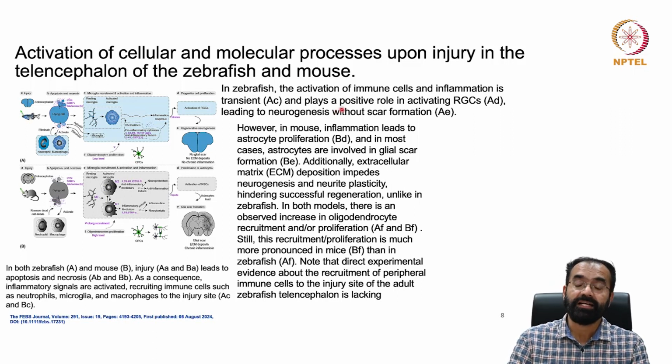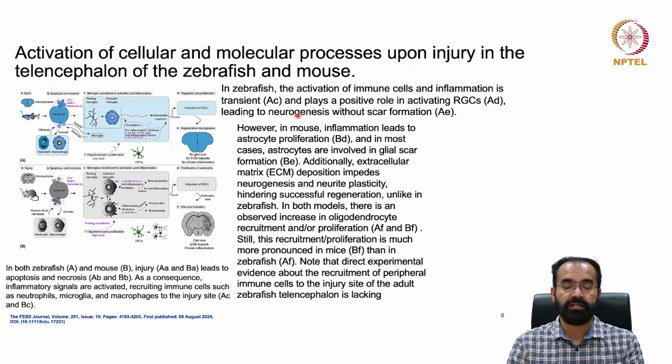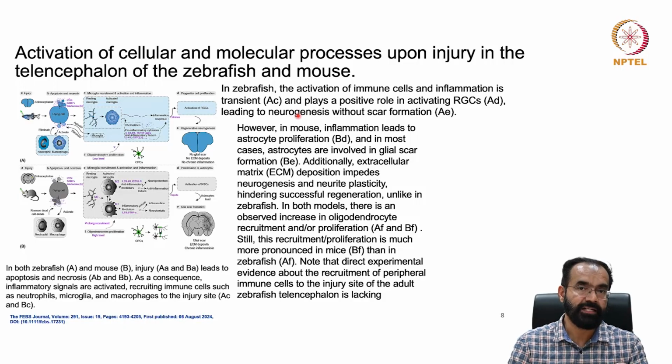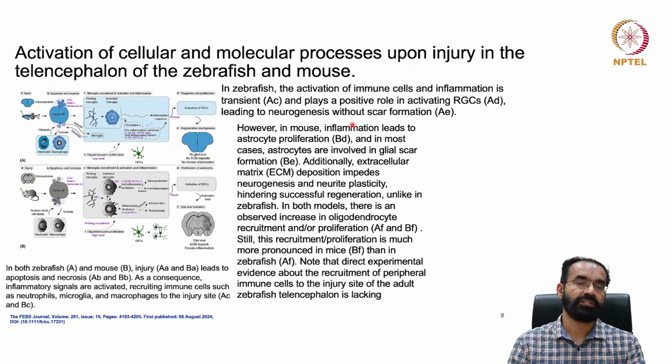In zebrafish, the activation of immune cells and inflammation is transient. Note that point very clearly, that inflammation you do not want persistently. You want it, you can't skip it. You want inflammation, but transiently, and it plays a positive role in activating RGCs, that is the radial glial cells, leading to neurogenesis without scar formation.